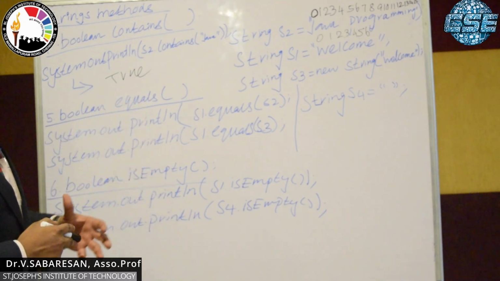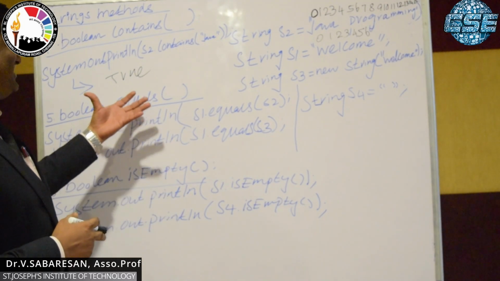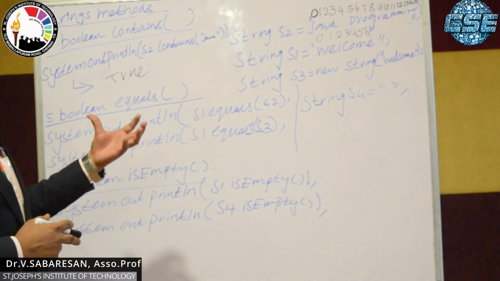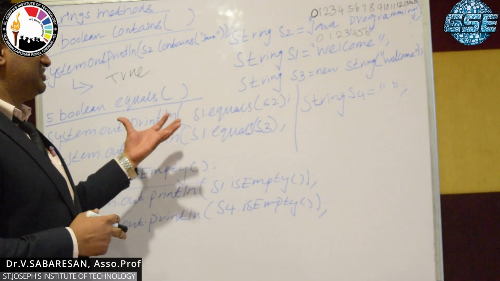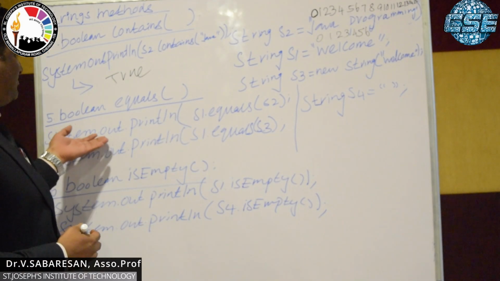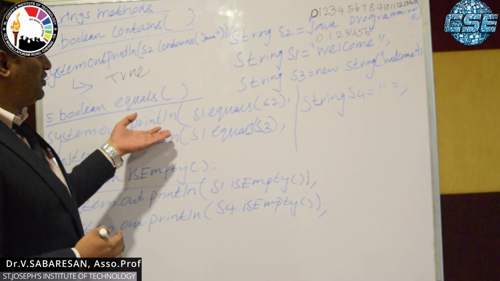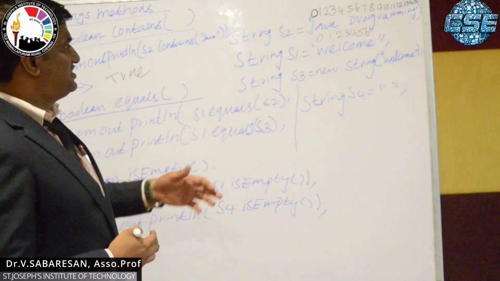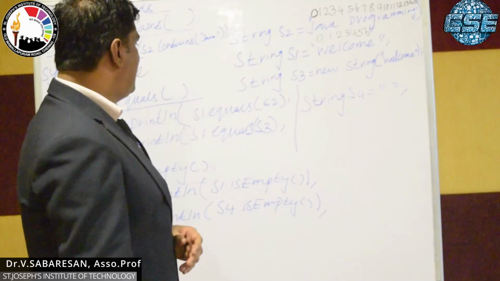The next method is the equals method. This method also returns a boolean value. It checks the condition with both strings. If both strings are the same, it returns true. Otherwise, it returns false. The next one here: System.out.println(s1.equals(s2)). Now check the values of s1 and s2.